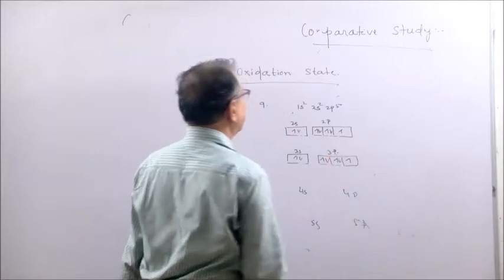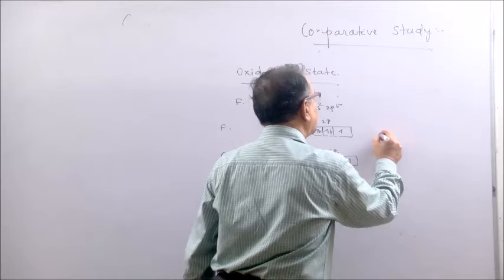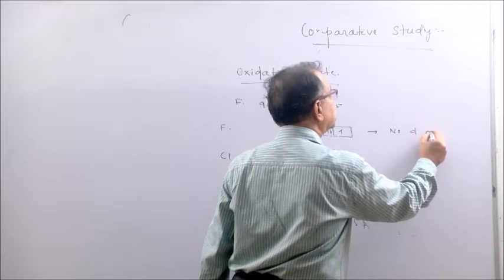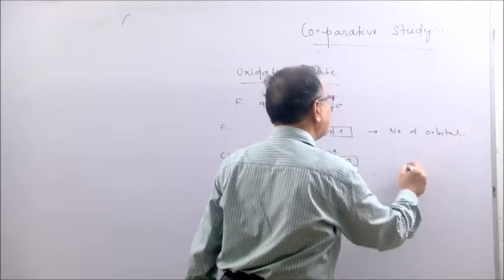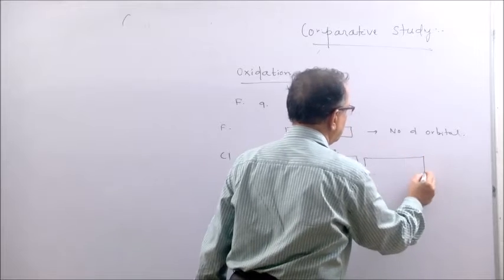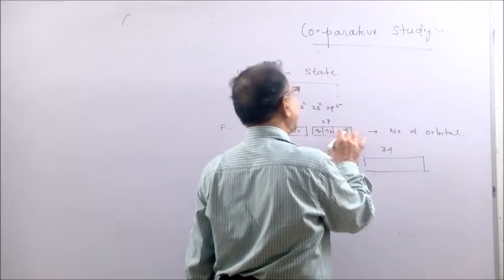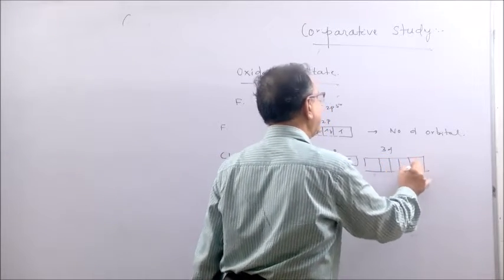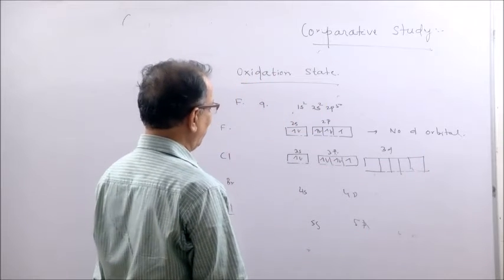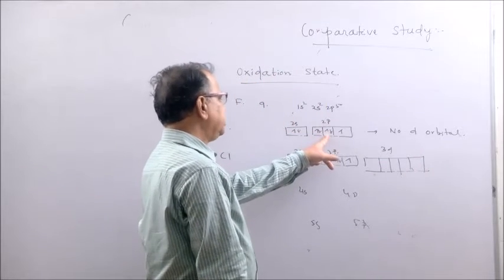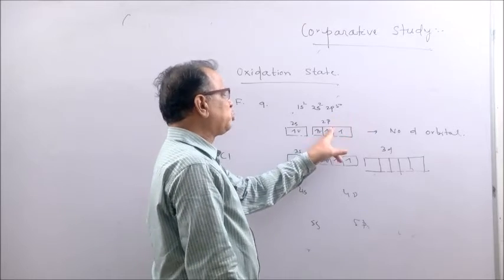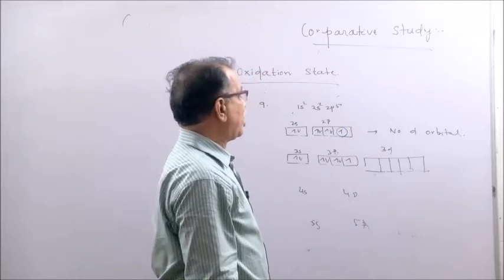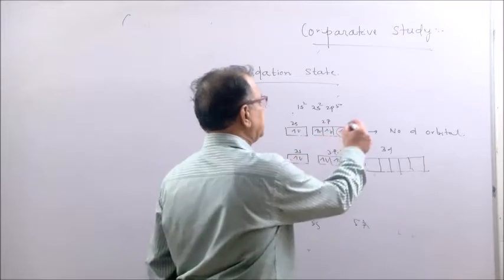Now here there is no d orbital, because the second shell has no d orbital present. Here there is the presence of d orbitals. In chlorine's case there are 3d orbitals, 5 d orbitals. In fluorine there is no jumping of an electron from 2p to a higher orbital, hence only one electron remains in one orbital, that is, partially filled.